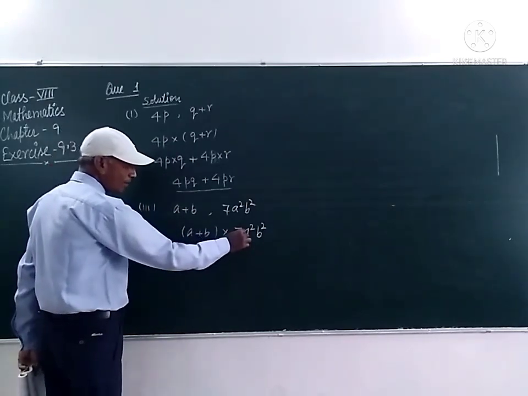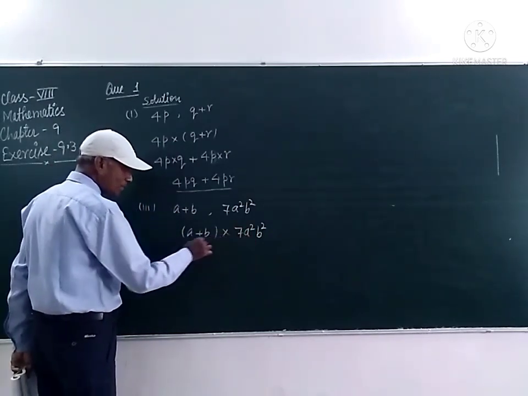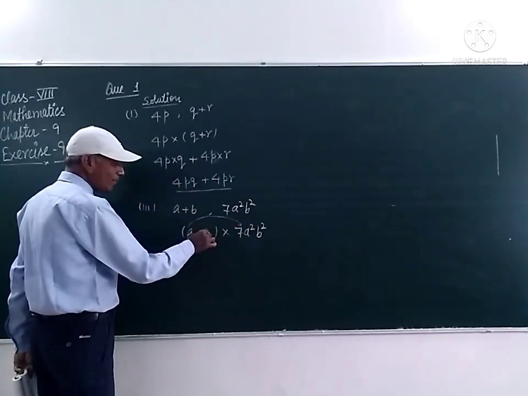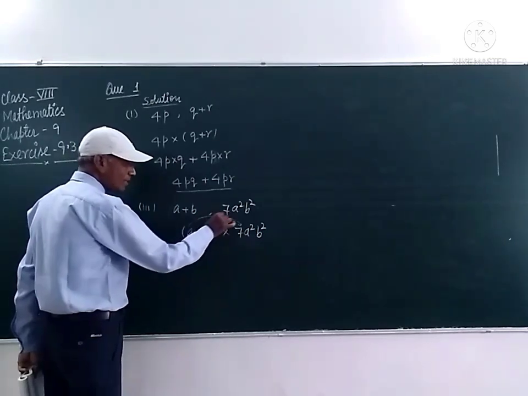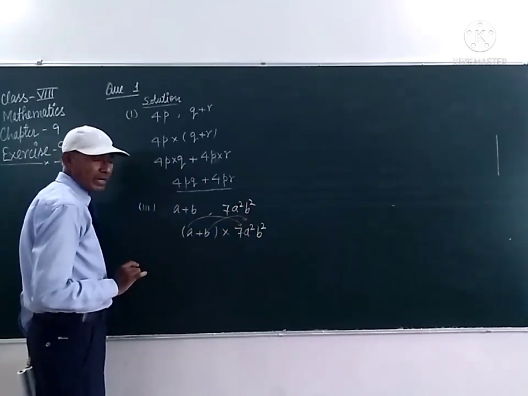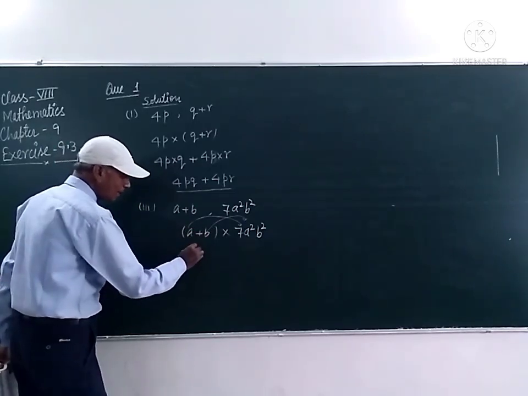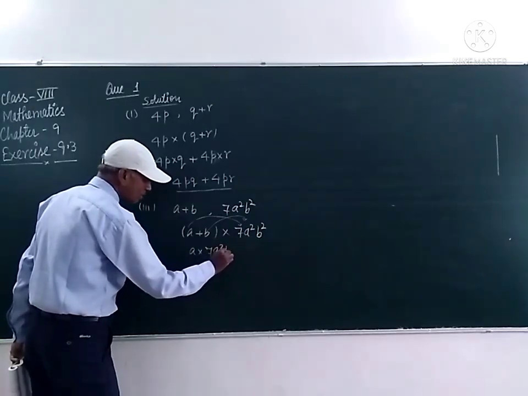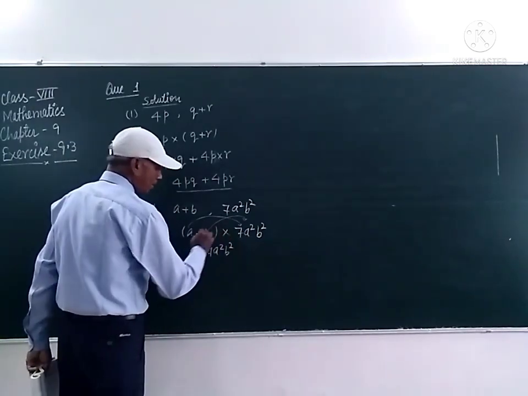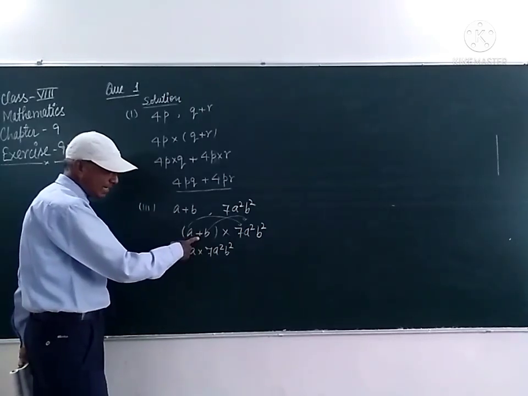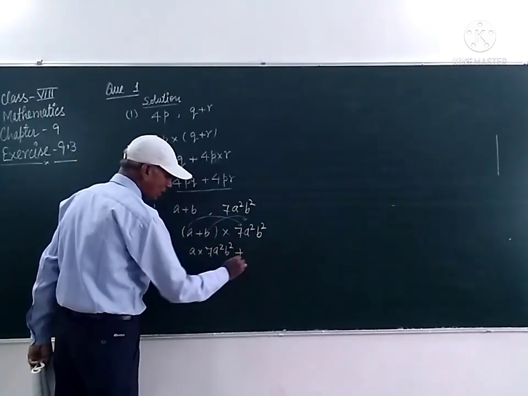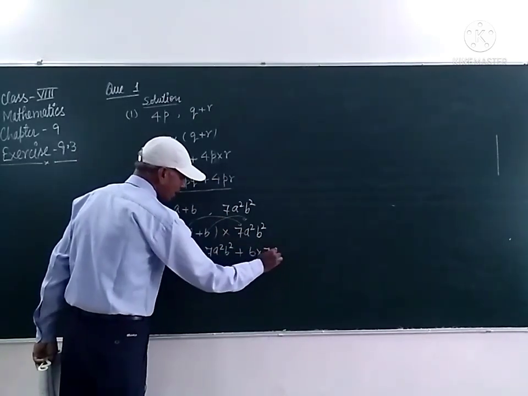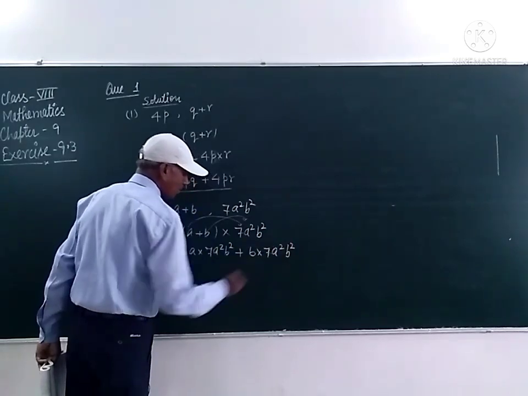Now, students, first of all we have to multiply a with 7a square b square. After that, we have to multiply b with 7a square b square. Clear, students? So, in the first step, a into 7a square b square plus, because there is a sign of addition, we have to put the sign, plus b into 7a square b square.